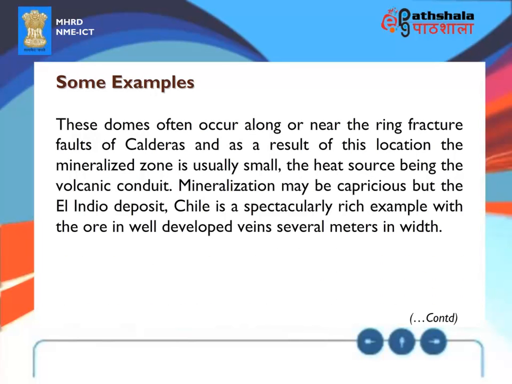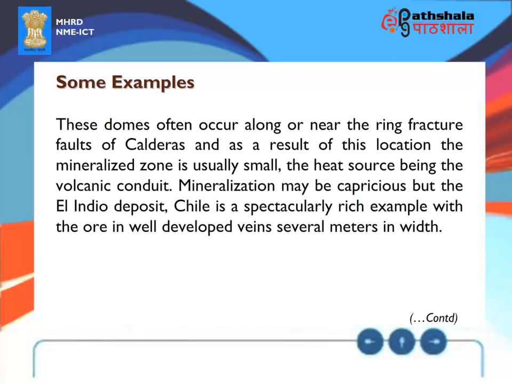These domes often occur along or near the ring fracture faults of calderas, and as a result of this location, the mineralized zone is usually small. The heat source being the volcanic conduit.